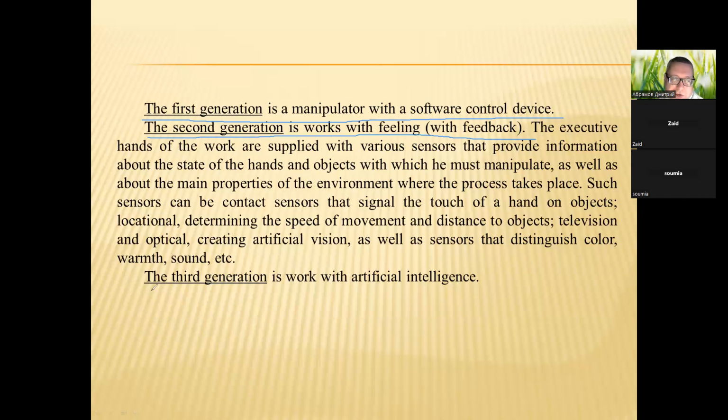And the third generation is robots with artificial intelligence.